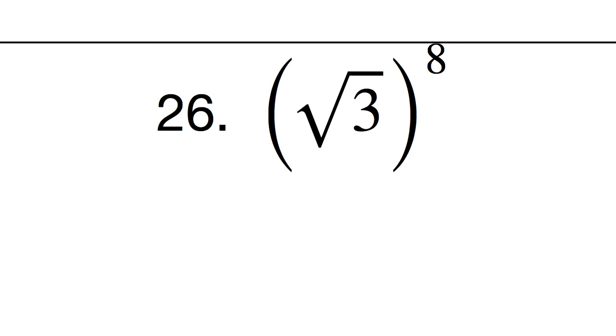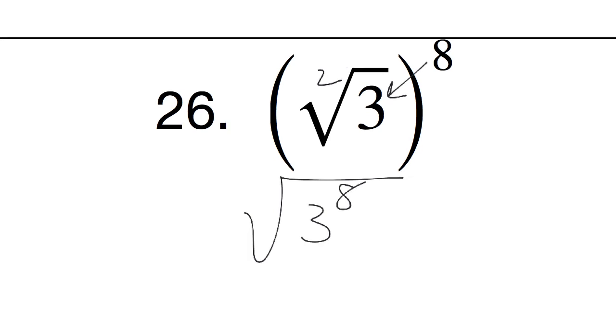Here, the square root of 3 to the 8th power. Well, I'm going to put it back in. Look at that. So then we have the square root of 3 to the 8th power.